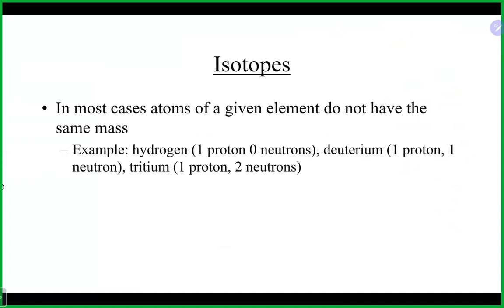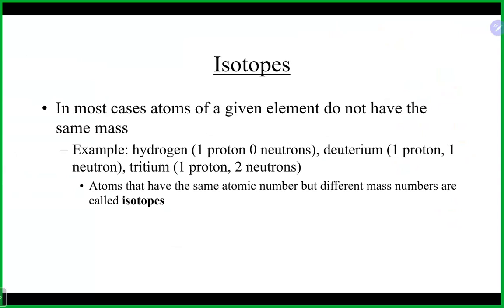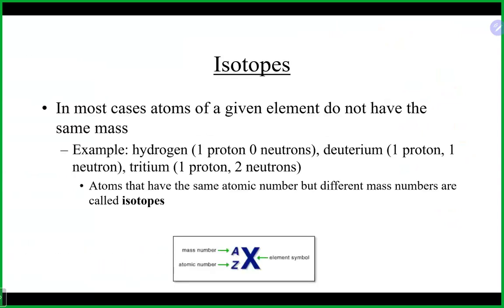So let's talk a little bit about isotopes that we talked about earlier. An isotope is the same element, but it does have different masses. As we just talked about, in order for something to be the same element, what number cannot change? The number of protons, right? Because that's the atomic number.